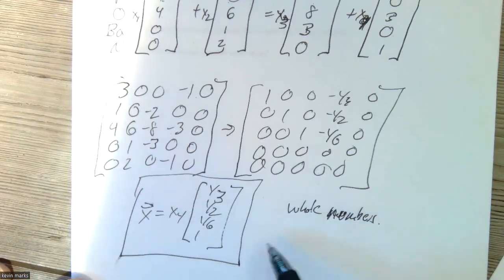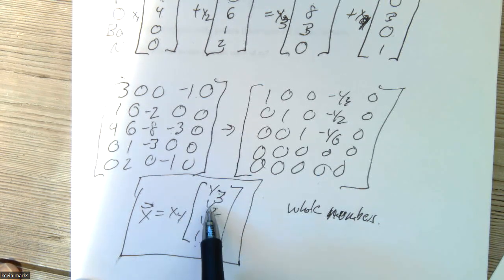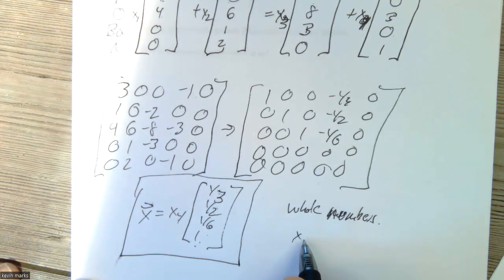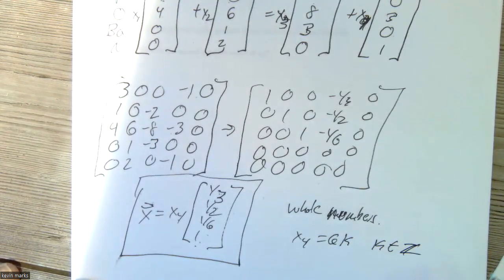So in order for them to be whole numbers, basically I would need all of these to be whole numbers. So x of 4 would have to take on a value that would make all of these not be crazy fractions anymore. So you would need a common denominator, right? With 6, 2, 3, the common denominator would be 6. So what that means is that x of 4 would have to be a multiple of 6.